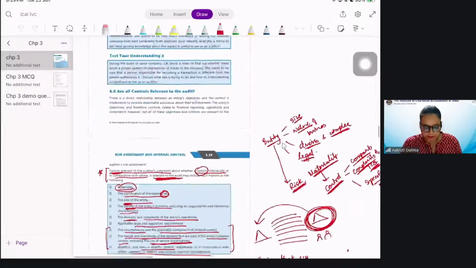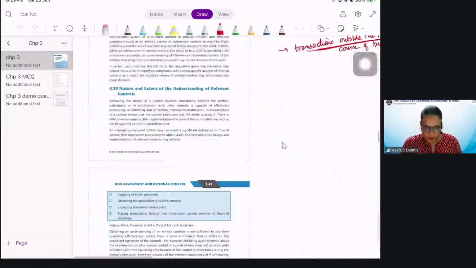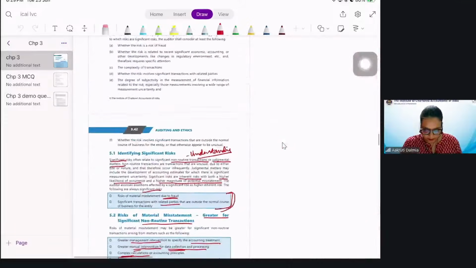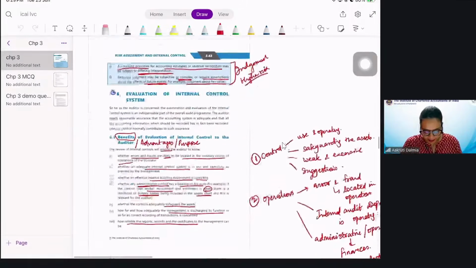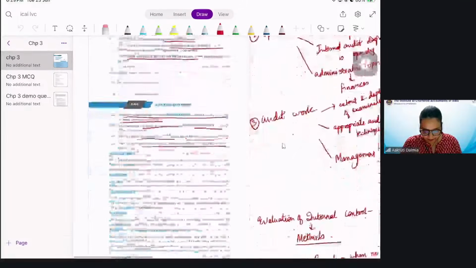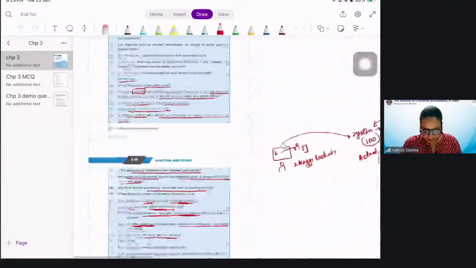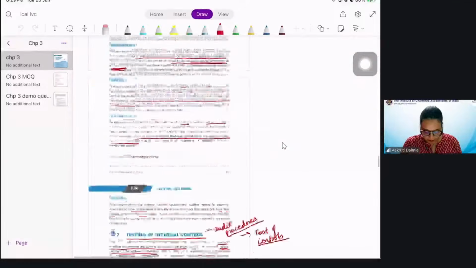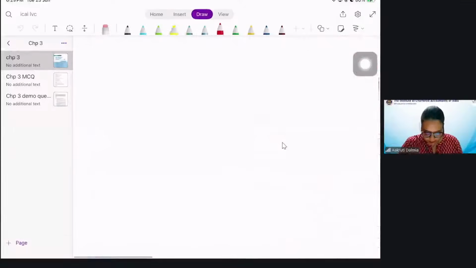Have you seen this somewhere in the book? Yes. Where have you seen it? Tell everyone the page number. I think it's before only.